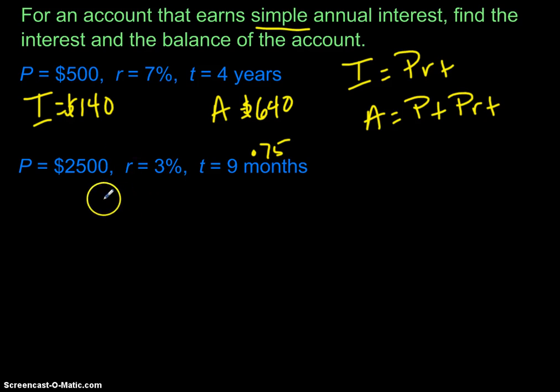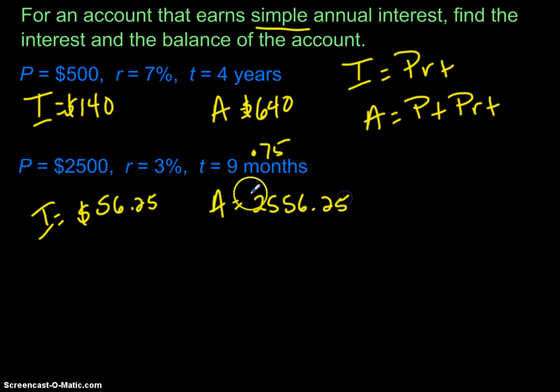That equals 56.25. Okay, when I add this to this, that's the interest. The account balance is 2,556.25. Just added those two together. Okay, and that is it for today.